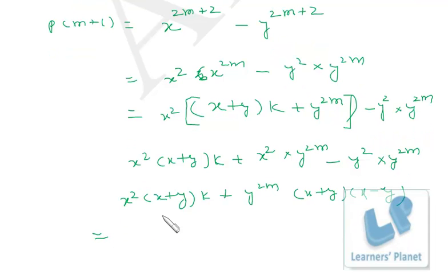Now you can see x plus y can be taken as common, and the remaining part we can write as some other constant, that is lambda, right? That means Pm plus 1 is divisible by x plus y, right? So Pm plus 1 is true whenever Pm is true. So hence by principle of mathematical induction, it is true for all n belongs to natural numbers.